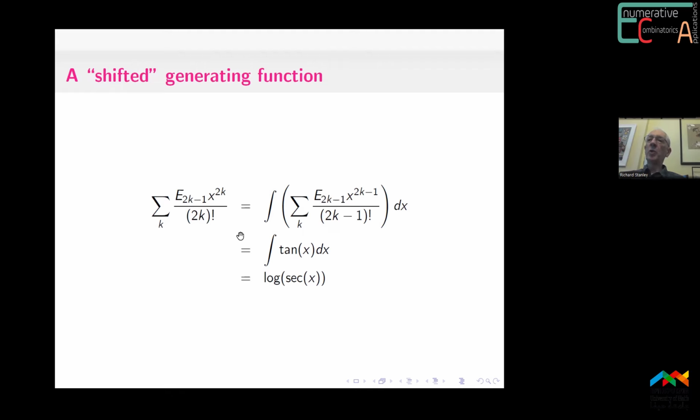Well, this is just formally the integral of the usual exponential generating function for E_{2k-1}. If we integrate term by term, we get exactly this. This sum is a tangent, the generating function for the tangent. The coefficients are these odd indexed Euler numbers. And the integral of the tangent is the log secant.